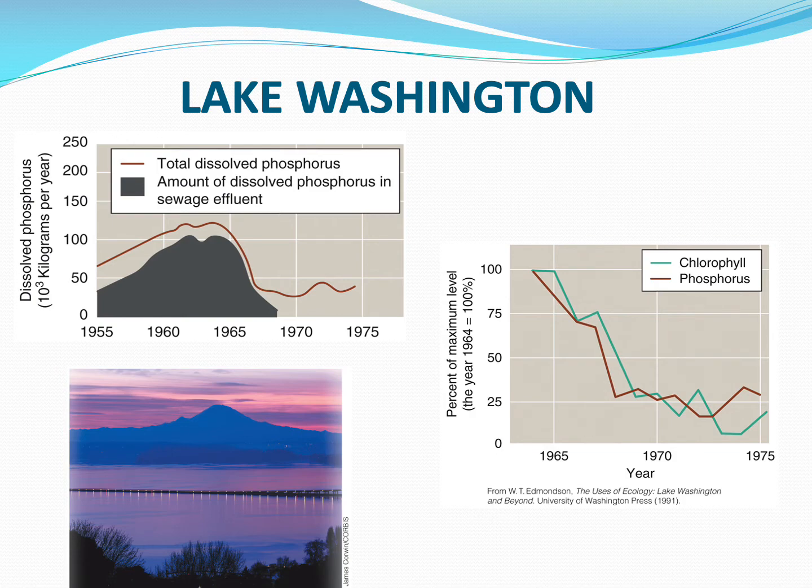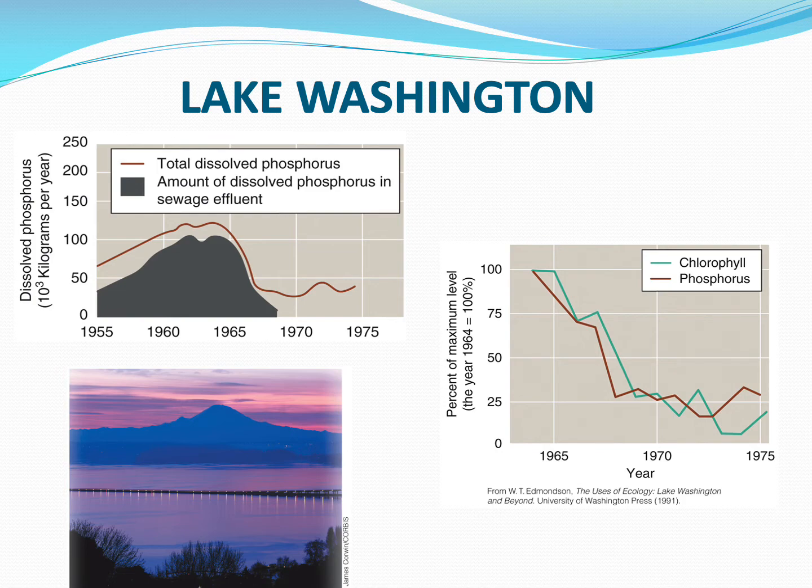So you can see that in the 60s, this was starting to grow in the lake, and the amount of phosphorus was directly related to the amount of sewage effluent discharged into the lake. If you look at the next graph, when they started to control the effluent, after 1965, the amount of phosphorus declined. The chlorophyll started to decline as well. The chlorophyll is actually an indicator of the amount of algae in the lake.